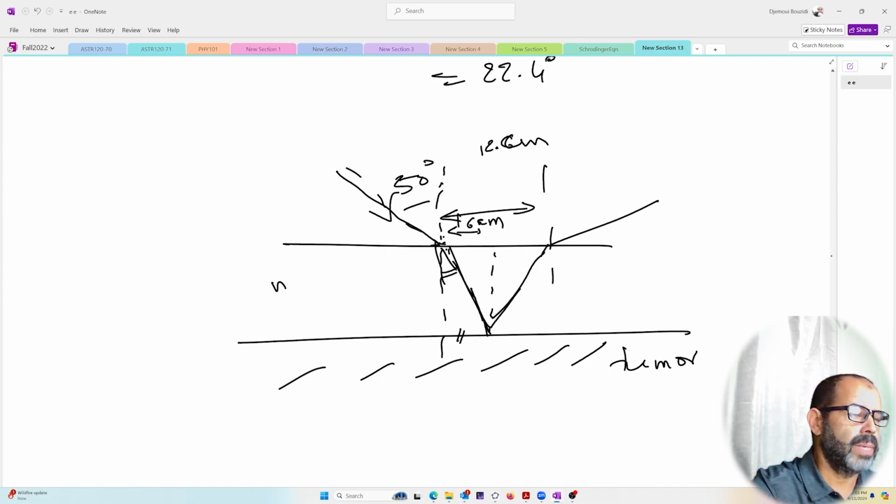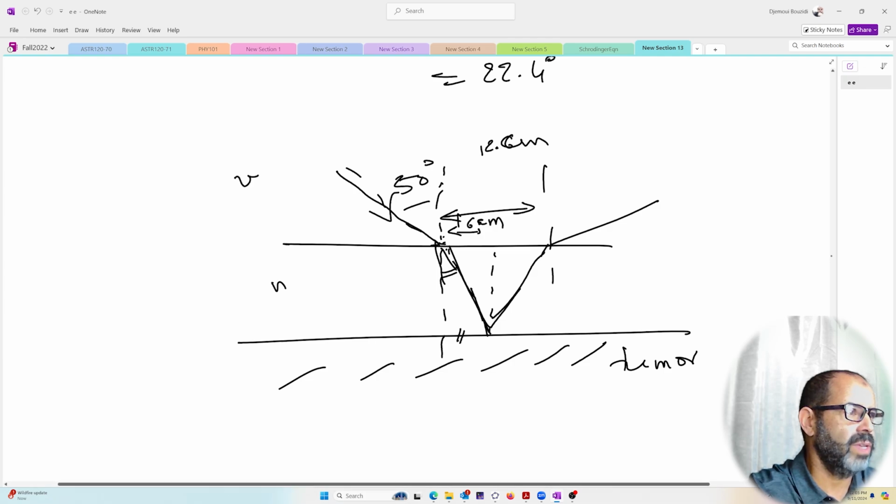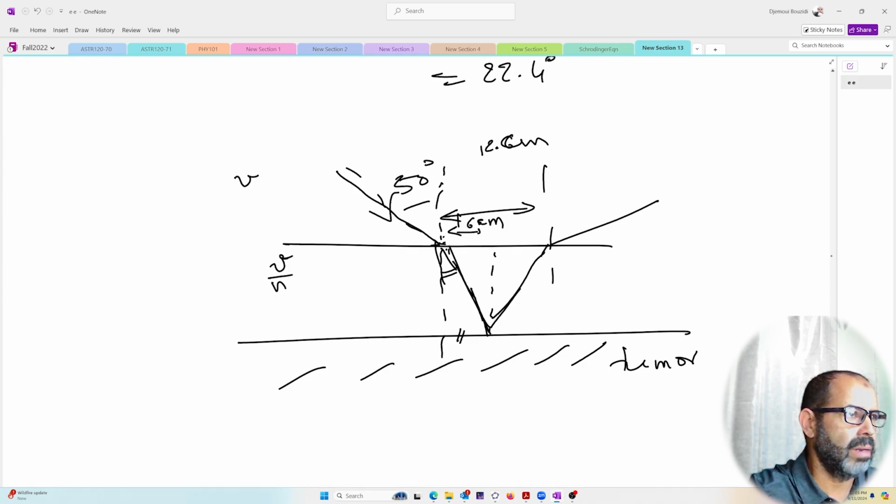For this angle, we're going to use the relative speeds. Whatever the speed of sound in this case is v, here it is going to be v over n. You can do the time argument that we did for light, and it's going to hold the same.